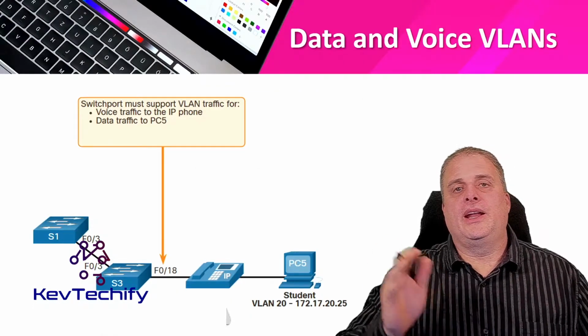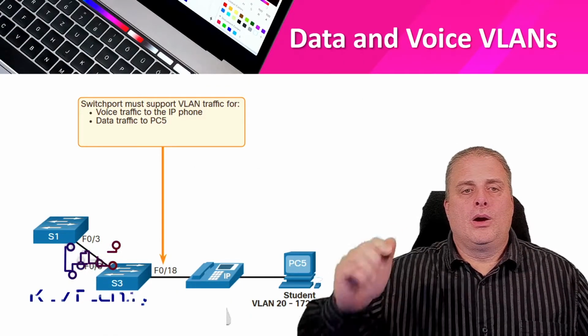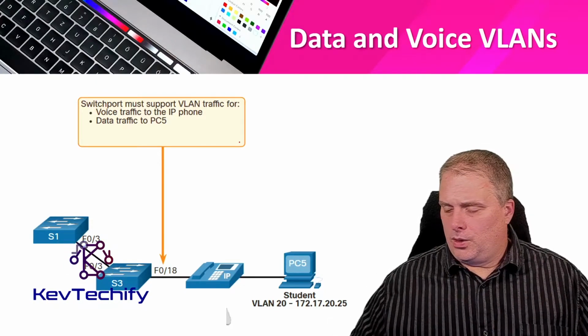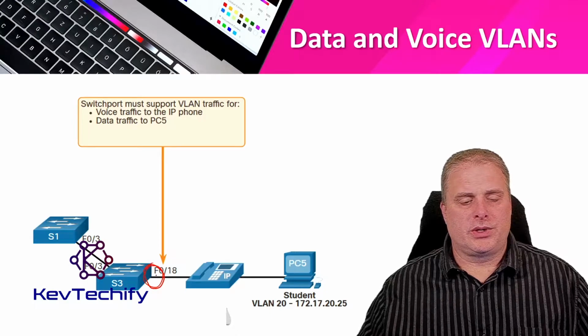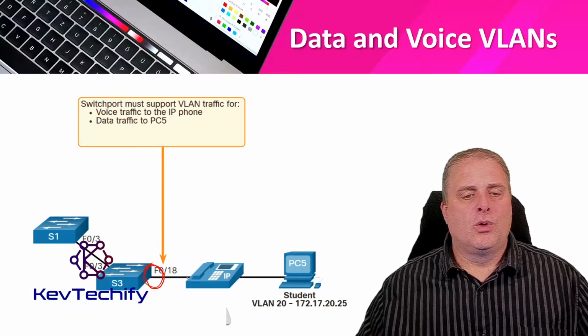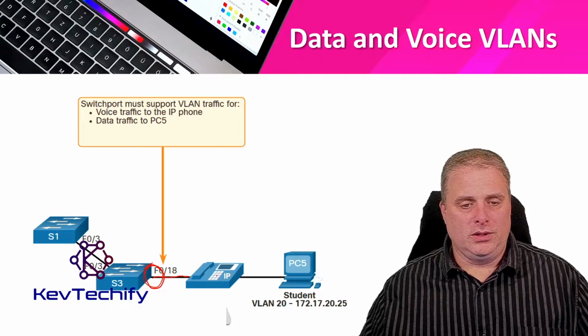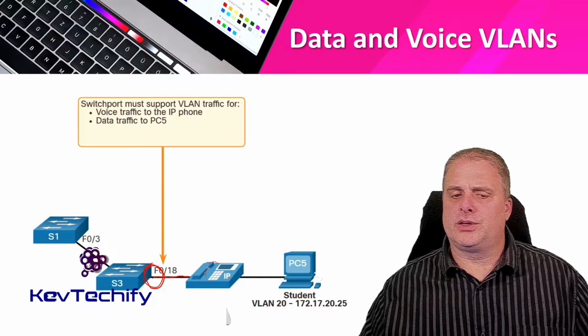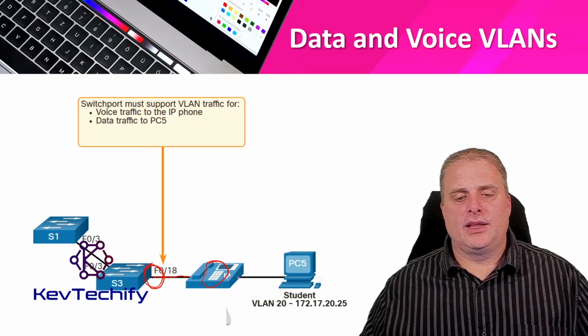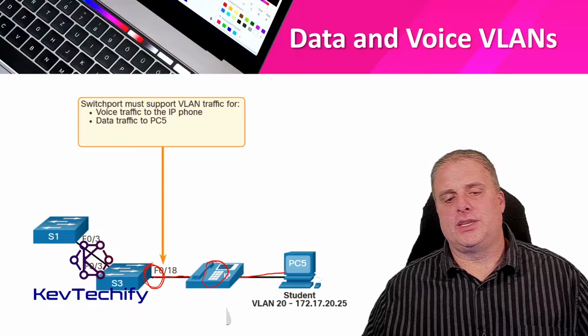When we're talking data and voice VLANs, what happens here is we usually have one port on the switch. Right here on switch 3, we're taking FastEthernet 0/18, we're plugging one cable into it, that cable goes into the phone. The phone then gets a port. You typically don't see that port because it's all internal. That stays to this port, and then there's another port where we can connect our PC.